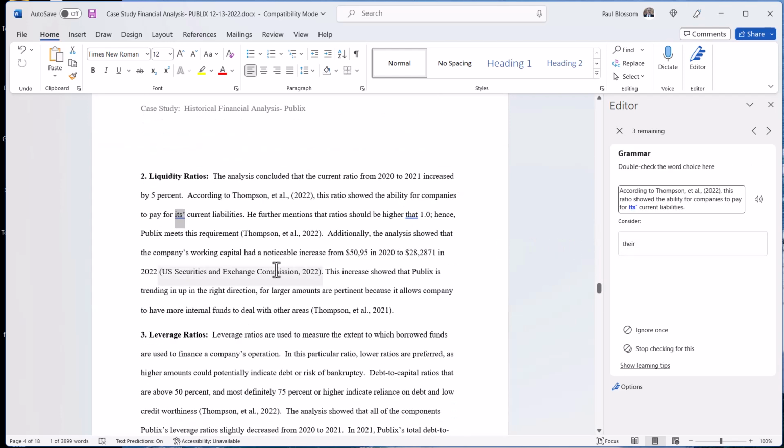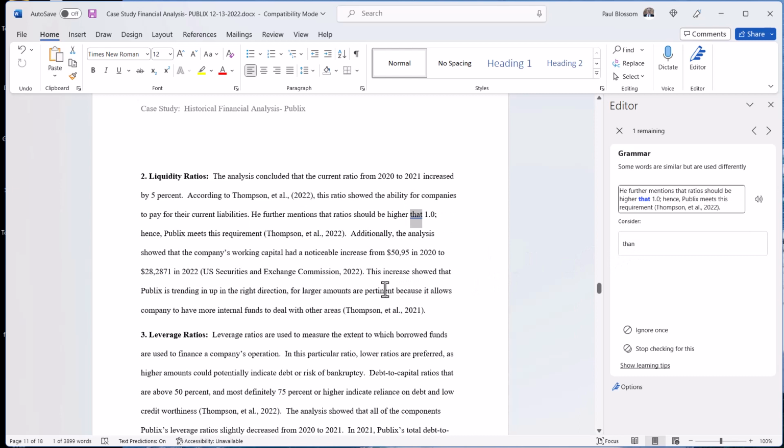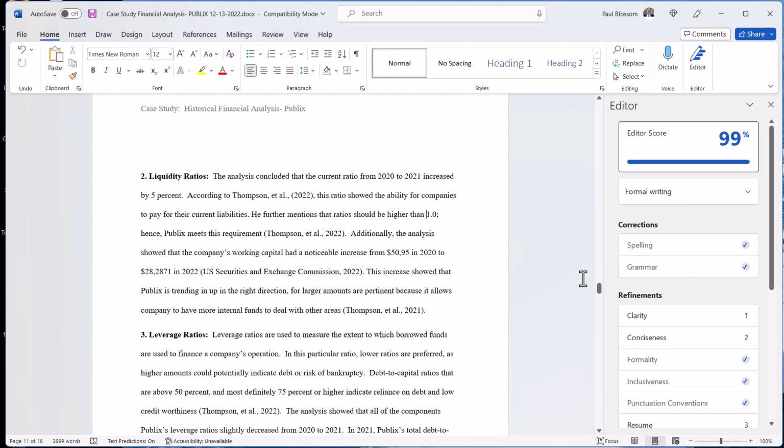So this ratio showed the ability for companies to pay for their, okay, companies is plural, its is singular, so there is proper. Further mentions that ratios would be higher that, again, that is spelled properly, but it's than that is the correct thing.